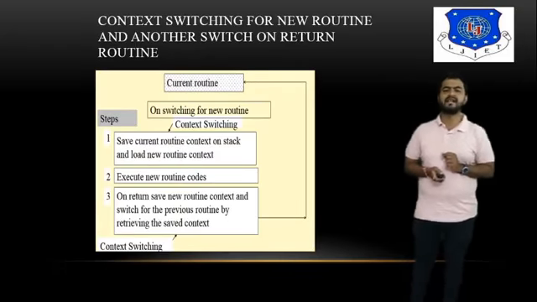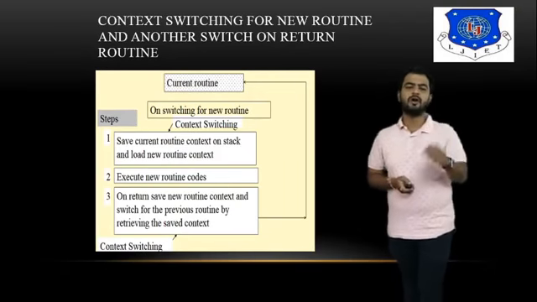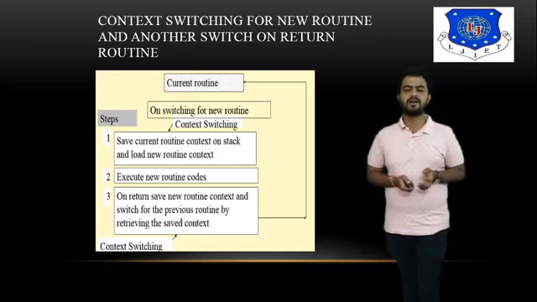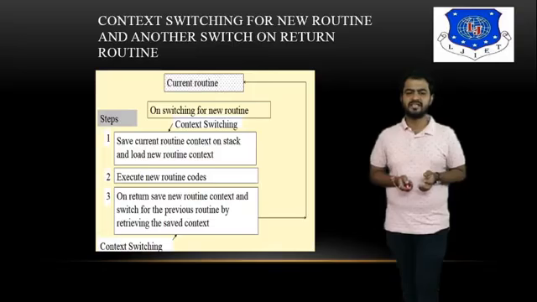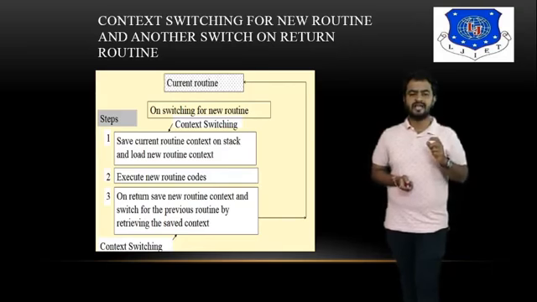So here we can see the context switching for the new routine and the switch back on return. Basically, as you can see, the current routine switches to the next routine on context switching. The steps: save the current routine context on the stack and load the new routine context. Execute the new routine codes.